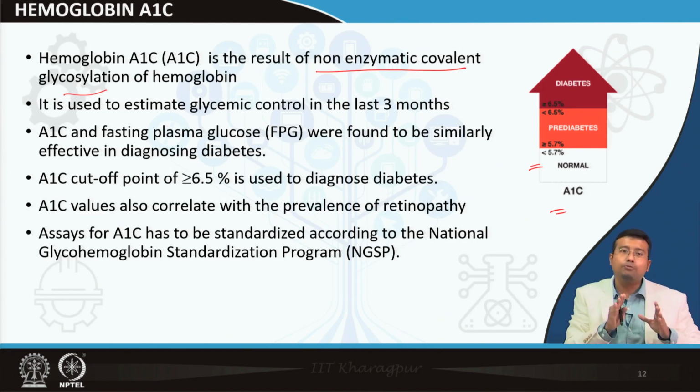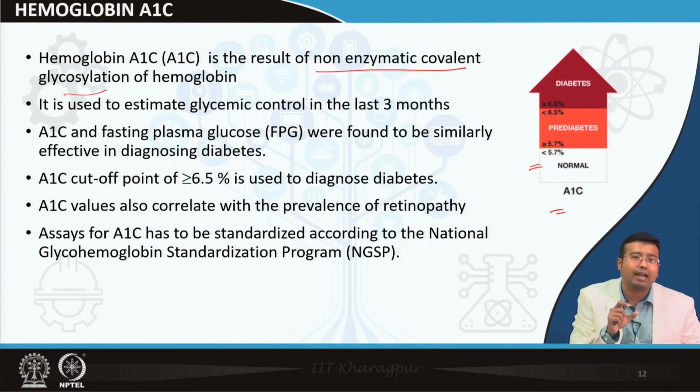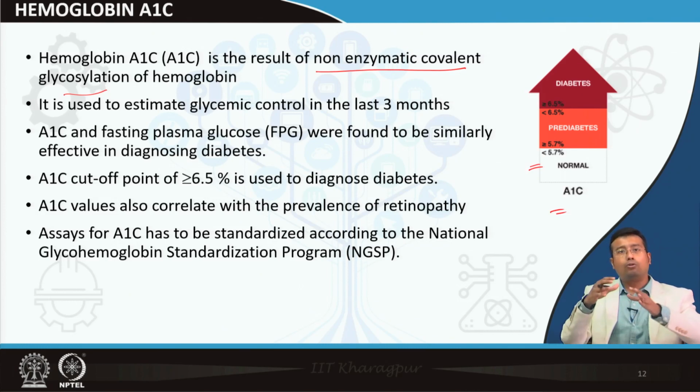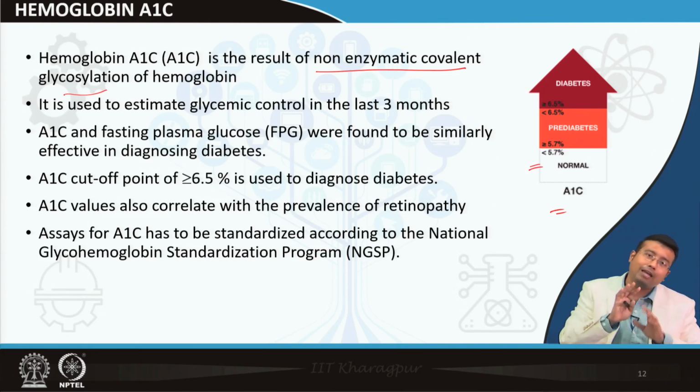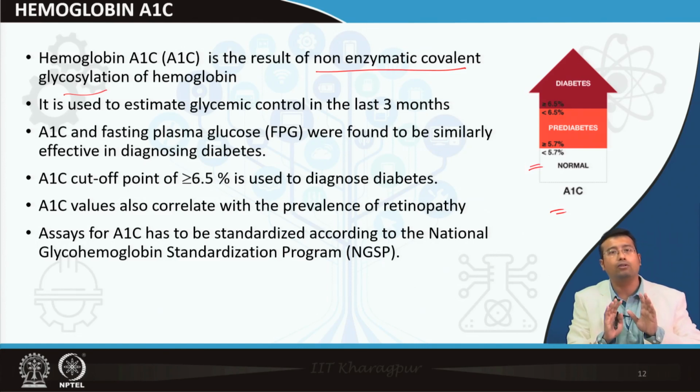But once HbA1c is formed, once hemoglobin is glycated, the lifespan of an RBC is 120 days. So, once glycated today, the status will run for the next 3 months. So, even if today my glycated hemoglobin level is more than 6.5 and my blood glucose level is more than 200, I fit all the criteria of being diagnosed with diabetes mellitus.